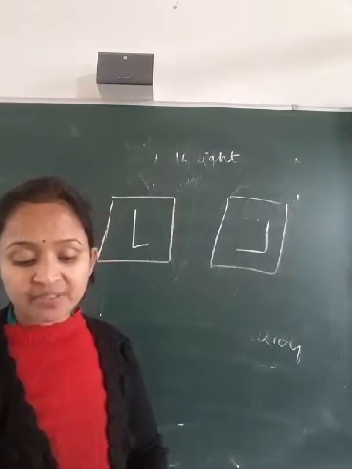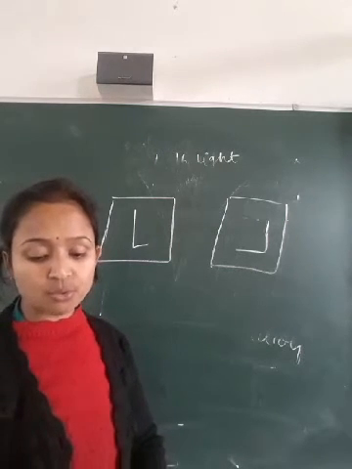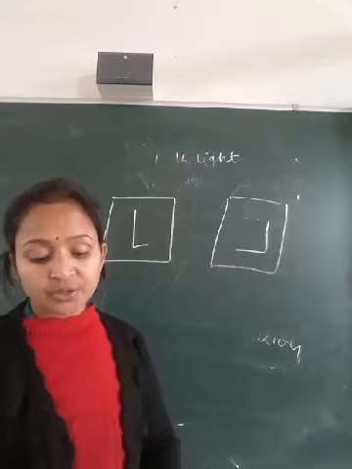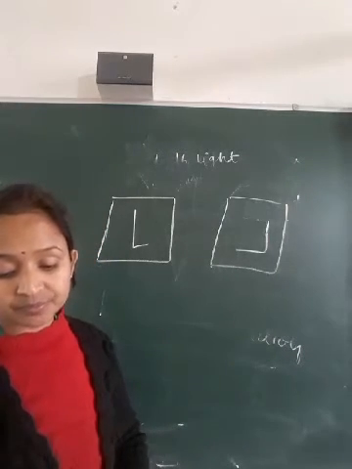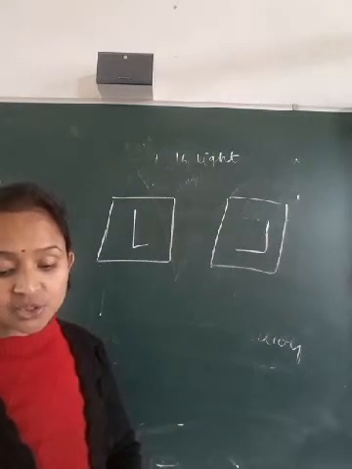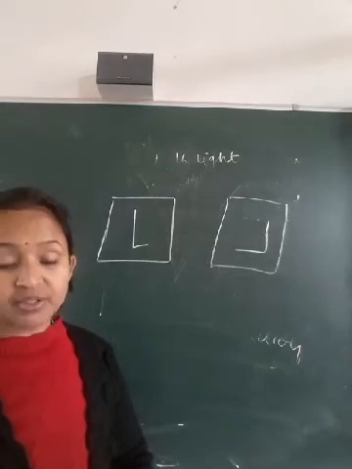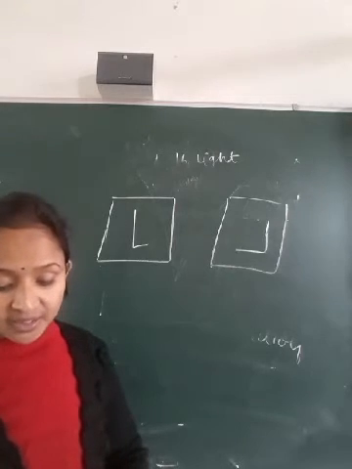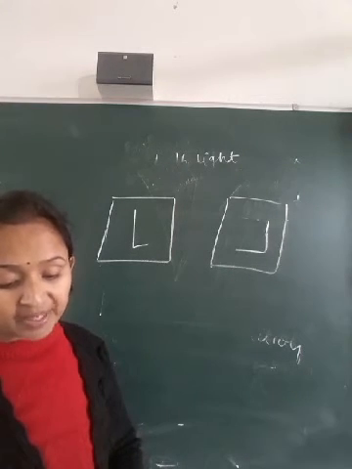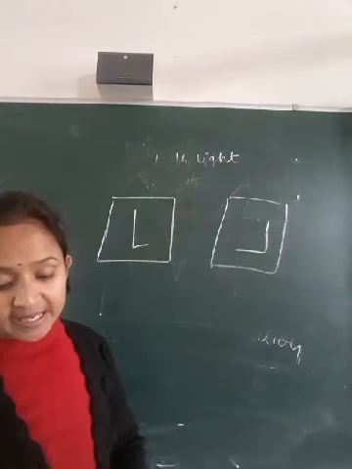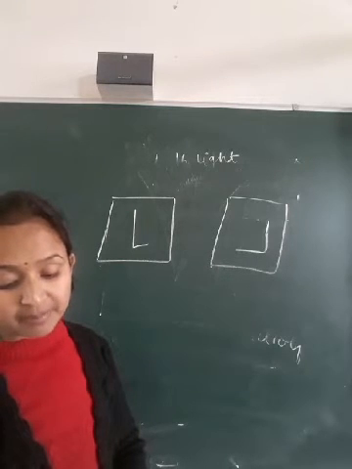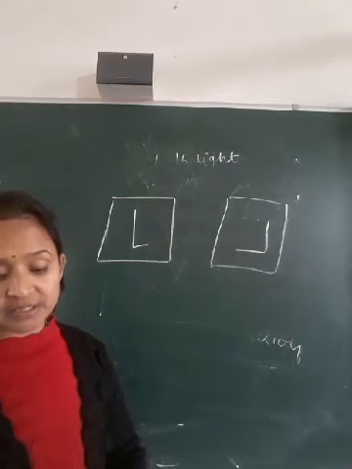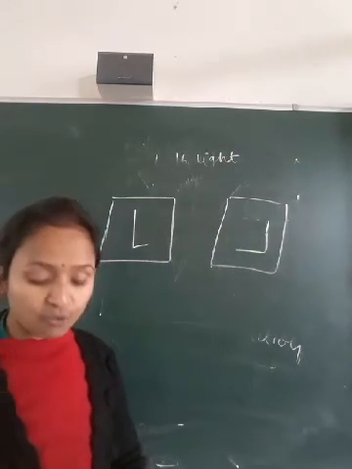Sit in front of a looking glass and hold your nose with your left hand. What do you see in the mirror? Your image is the same as you are, but it appears as if you are holding your nose with your right hand. Now take a white cardboard, paint a letter L on it and place it in front of the mirror. What do you see? The letter L will appear as shown in figure 16.4.